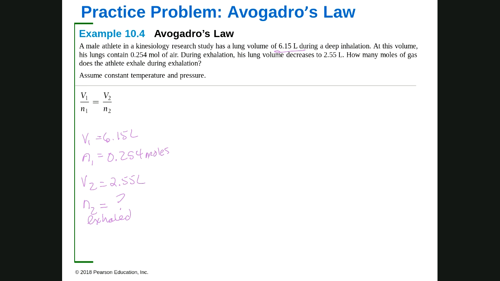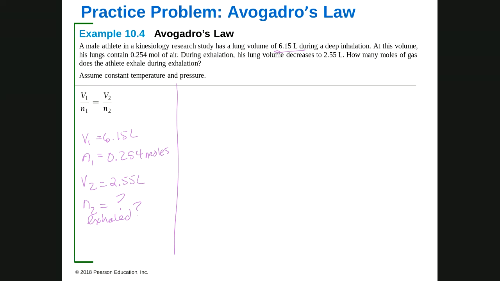And it wants to know how many moles did he exhale. Notice they're asking how many did he exhale, not how many did he have left over. So we may have to do something a little bit different at the end of this problem. But first we need to just plug our stuff in. All right, so since I'm solving for N, I can do the same thing that I did on the other direct proportional.